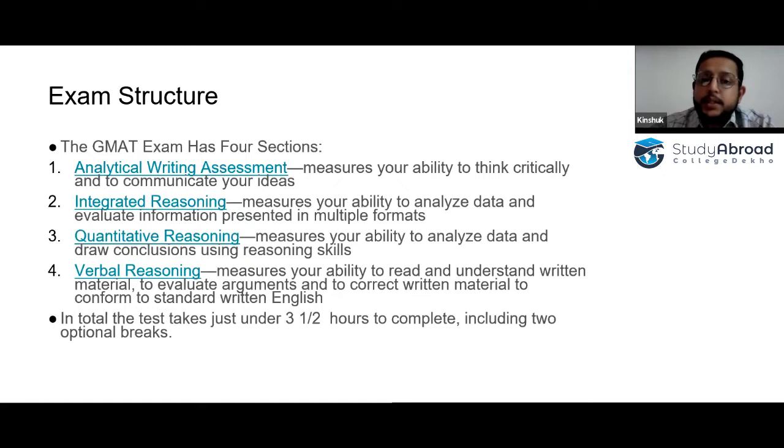In sentence correction, the sentences test your knowledge of grammar and sentence structure. In critical reasoning, you have to critically evaluate a certain argument, and then you have to come to a logical conclusion as required by the question statement.